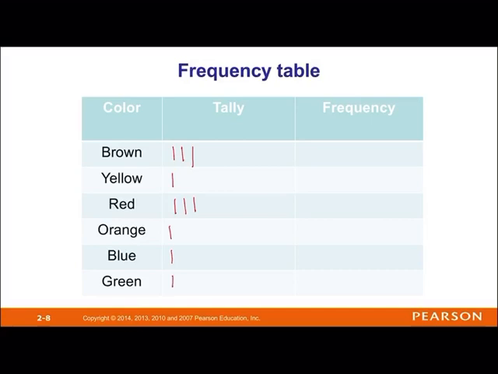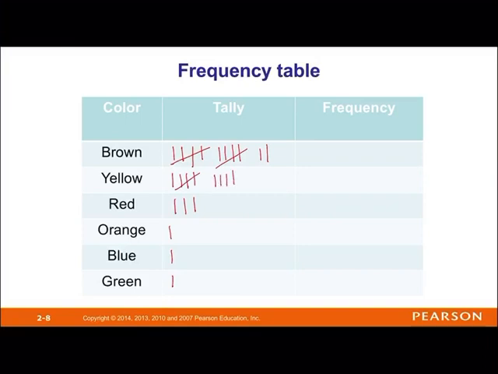And what's going to happen in the end is that you are going to end up with 12 tallies for brown. And again, once you get to a 5th tally, remember you're crossing it off like that in groups of 5. So you're going to have 12 brown. You're going to have 10 yellow.